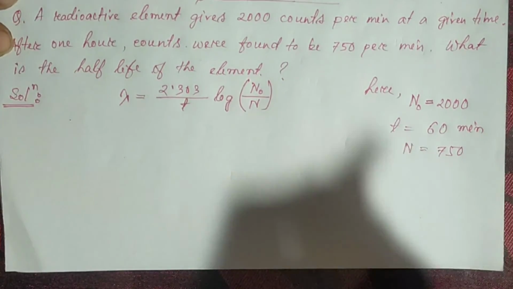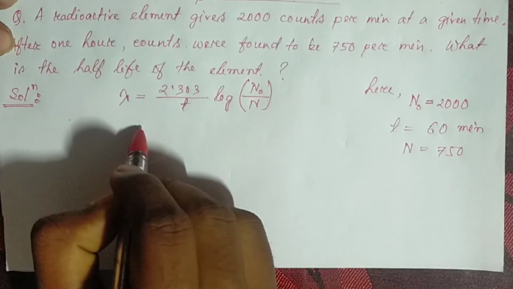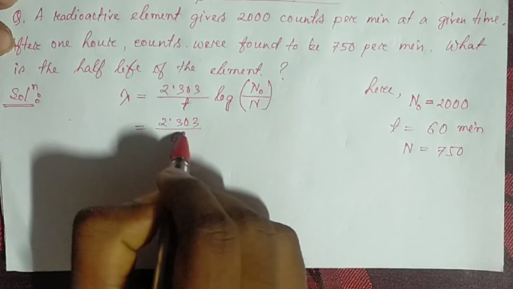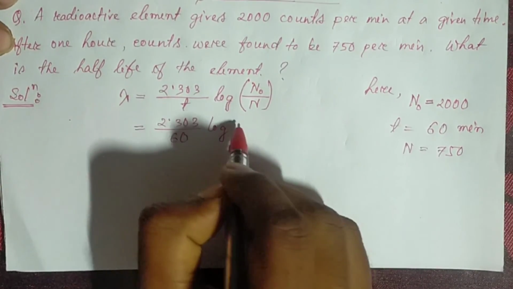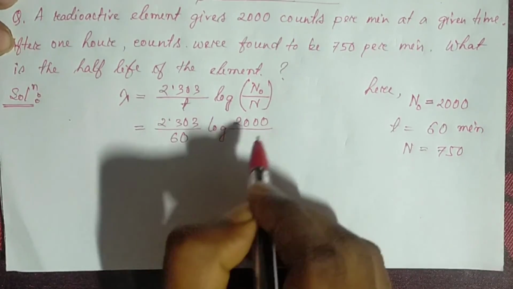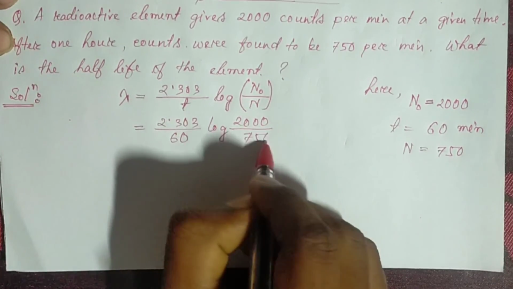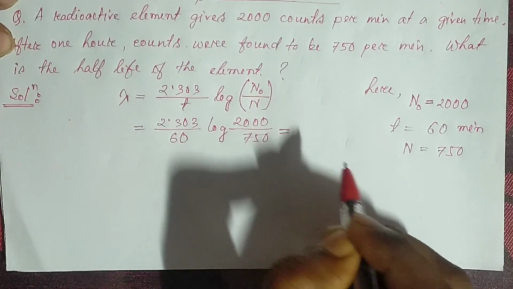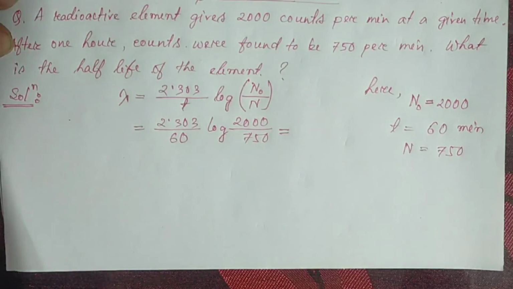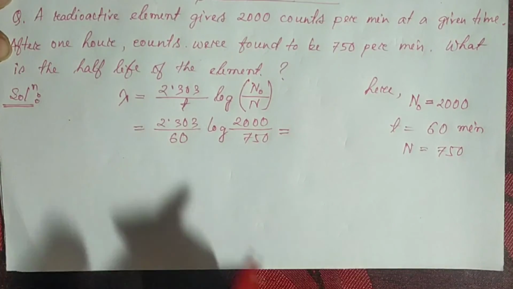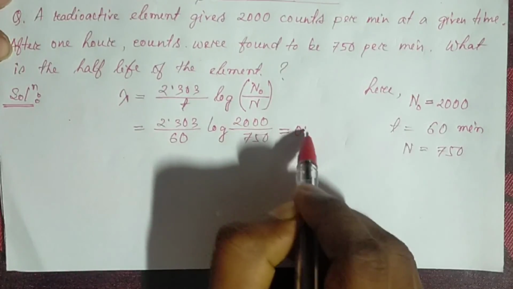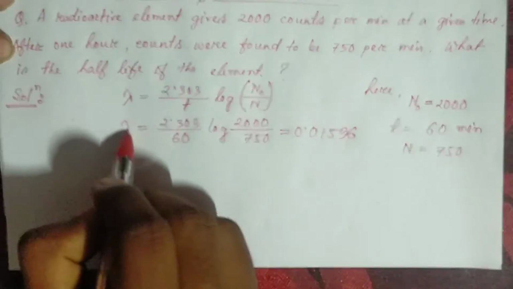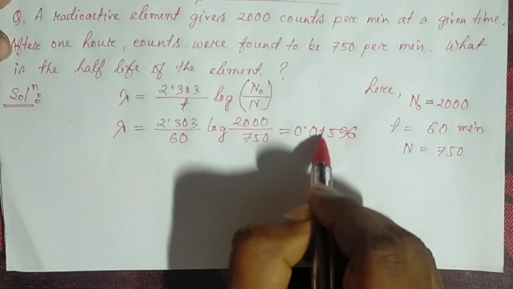So we put these values here: 2.303 divided by 60 log 2000 divided by 750. Okay, so it will give you 0.010596. So lambda will be equal to this much.